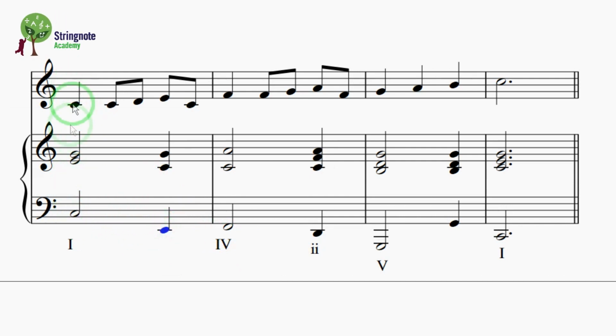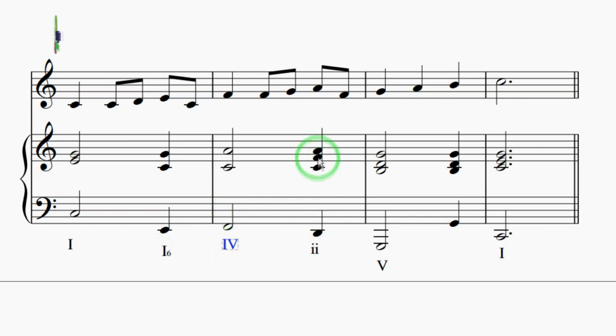Here the bass is in the fundamental, so it's in root position. Here we have changed this into a first inversion, so the first degree is in the first inversion. I'm going to indicate that with a little 6 on the bottom of the Roman numeral.